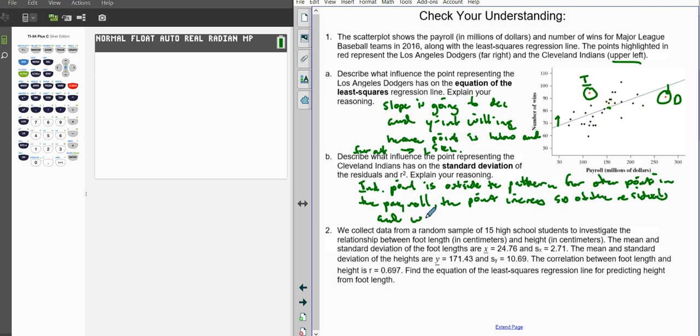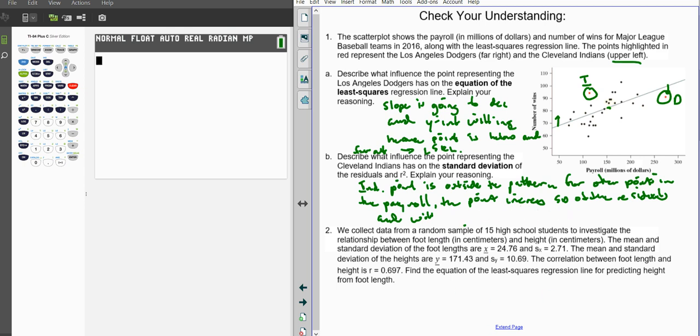And it will bring the R squared value smaller, and will decrease the R squared value.